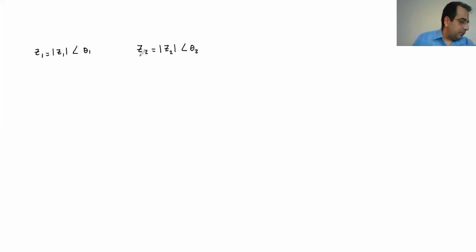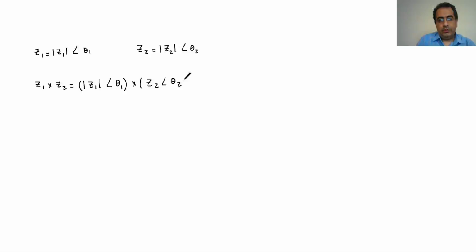So if I want to multiply them, z1 multiply z2 is going to be z1 angle theta 1 times z2 angle theta 2, which eventually you will skip this part. You can write it as the exponential, and eventually you can skip it. You can just ignore it, but I will do that.